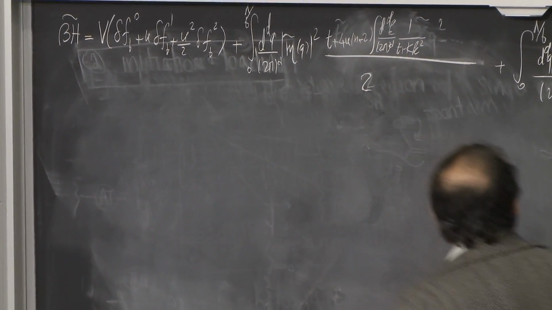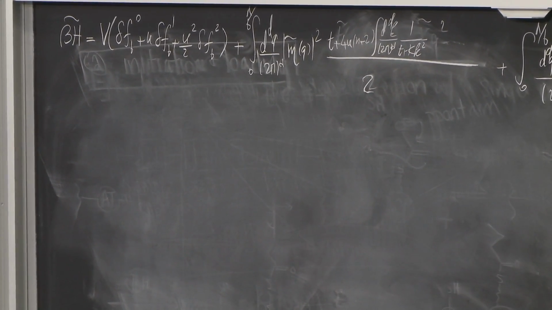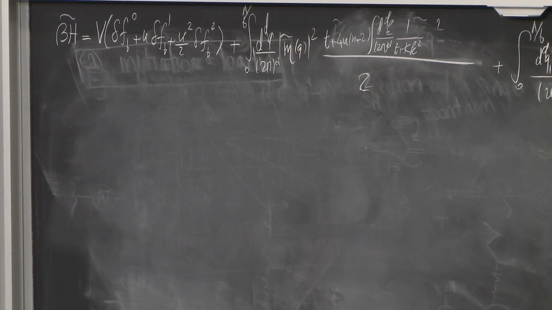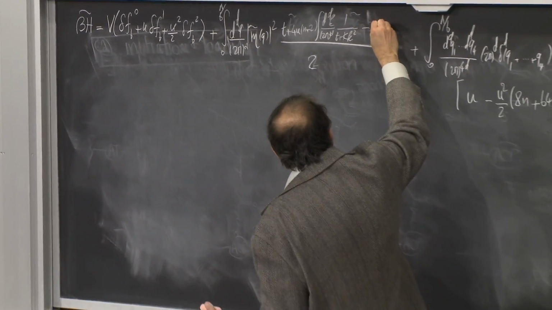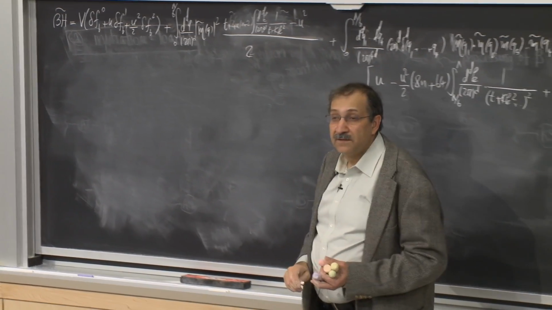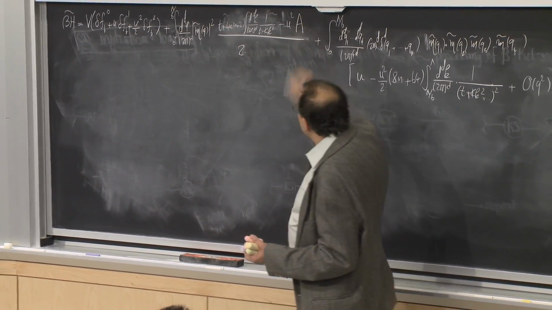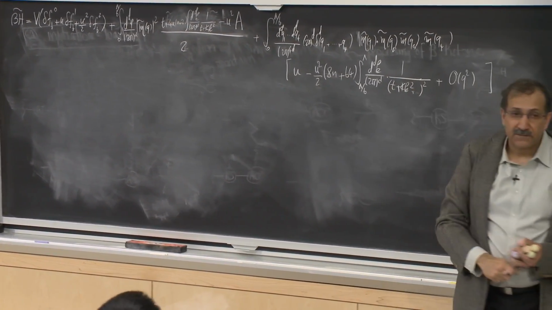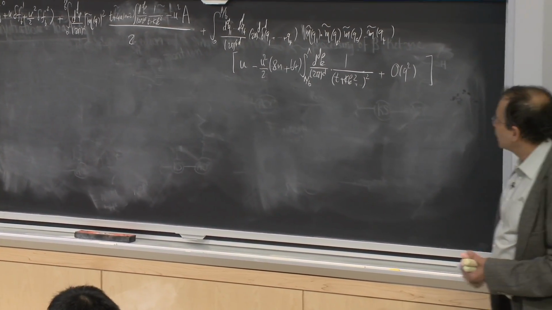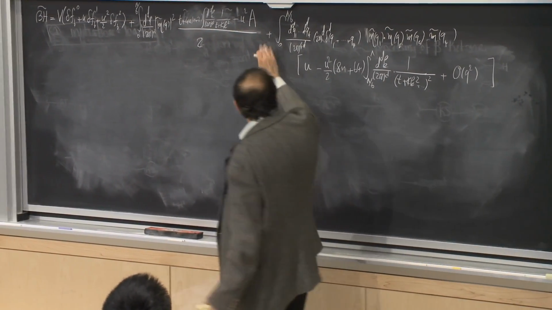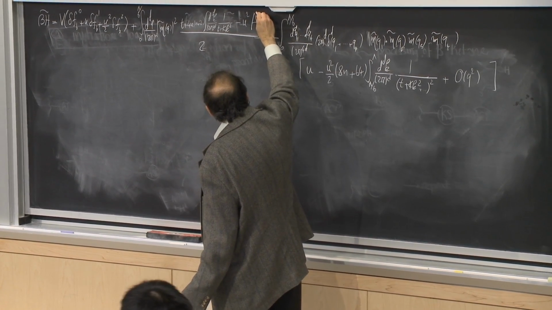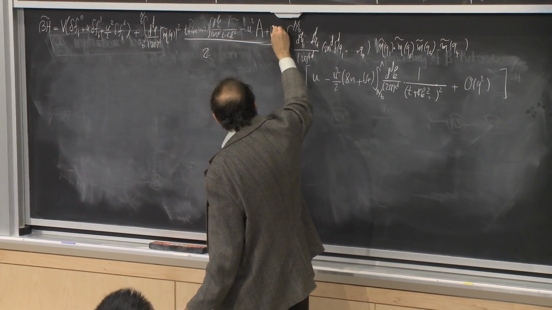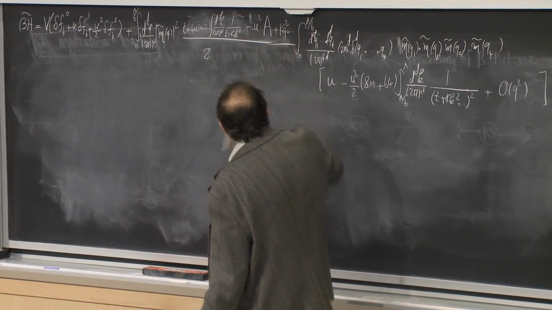Now, the point is that when I add up all of those diagrams that I haven't explicitly calculated, I will get a correction here that is order of u squared, whose coefficient I will call a. Okay? But then this is the 0th order in the momenta, and then I have to go and add terms that are of the order of q squared and higher order terms.